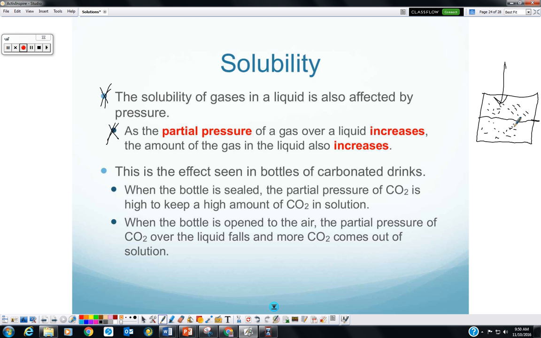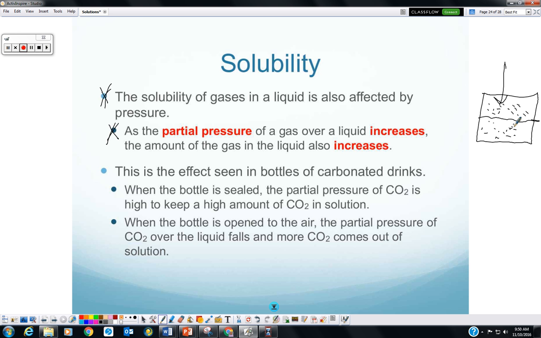So think about a soft drink when you open it. What do you always hear? All right, you hear that sound. Why do you hear that sound? Because that's the gas coming out. It's releasing a gas. Inside the can, the container has more pressure than the outside.